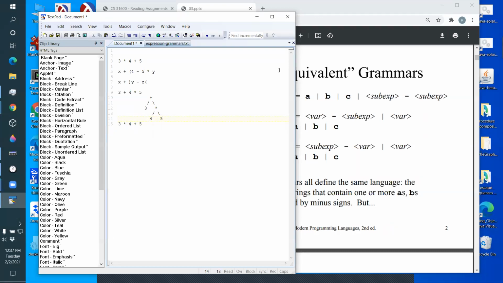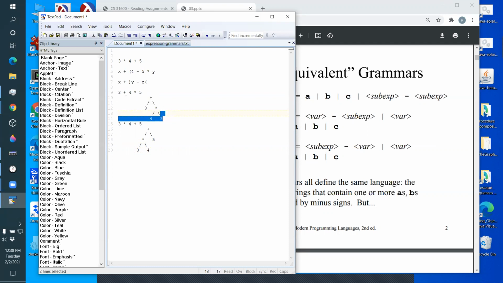Whereas this other one is a tree that is the, I'm sorry, it's the sum of, now on the left is the product, and this is a 5 over here, and then this is the product of 3 and 4.